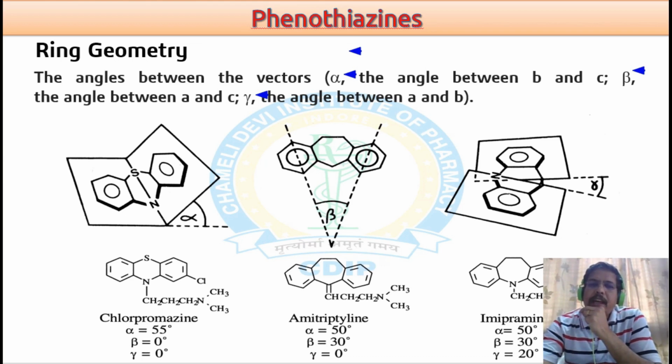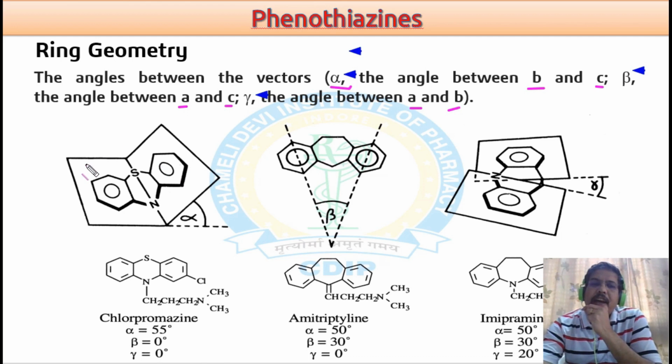The alpha angle is the angle between the plane of B ring and C ring. The beta is the angle between the plane of A ring and C ring. The gamma is between A and B.